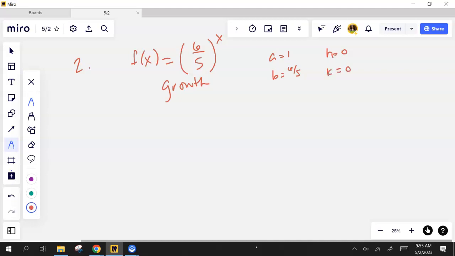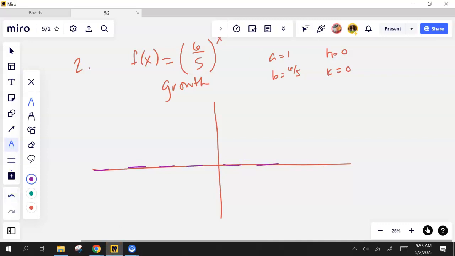All right, where's my asymptote? 0, because your k on the end is also your asymptote. Give me a point that's on the graph. 0, 1. How can I find another point? Pick a point.